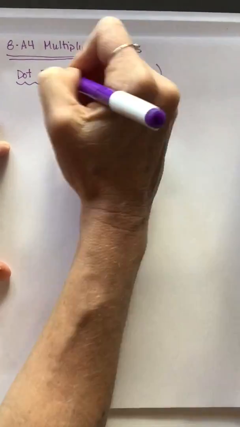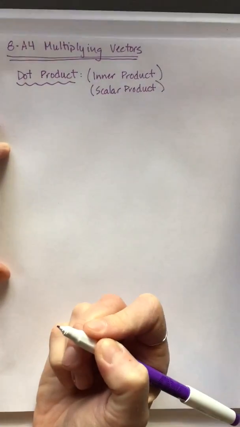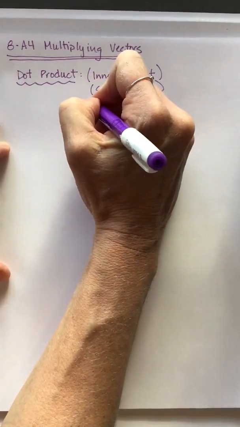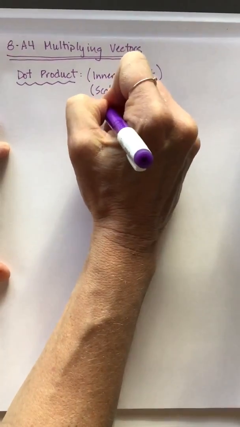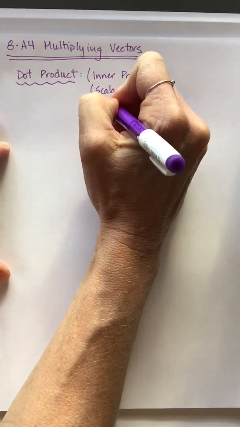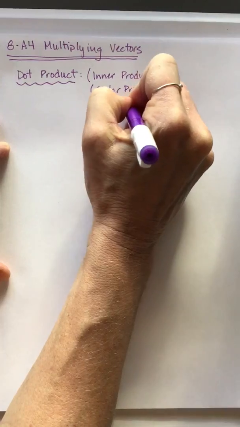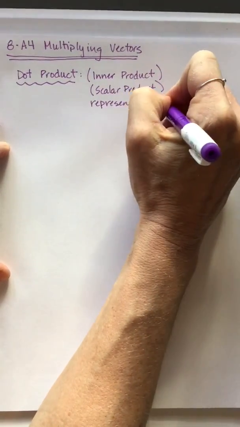So all of those are the same thing as the dot product. And like I said, it represents a number. So you'll get a number instead of a vector.